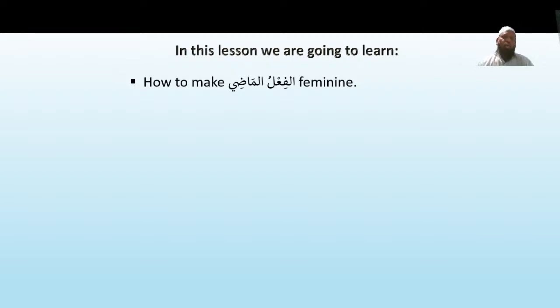We'll be going through all these again, so let's move on inshallah. So in the last lesson we learned the fi'l madi mudhakkar, the masculine examples. In today's lesson, we'll learn how to make fi'l madi feminine, muannas.